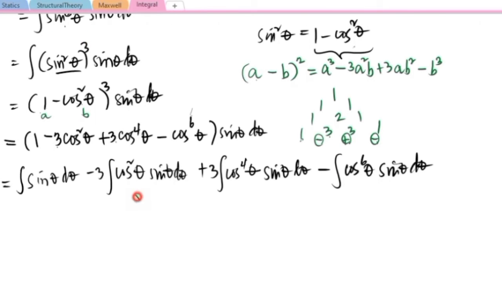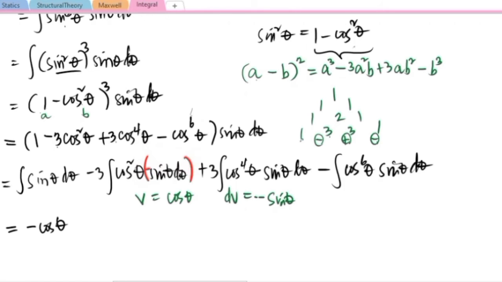So from here, we let our v is equal to cosine theta, and of course your dv is equal to negative sine theta. So we would have here the integral of sine theta d theta natin is negative cosine theta.